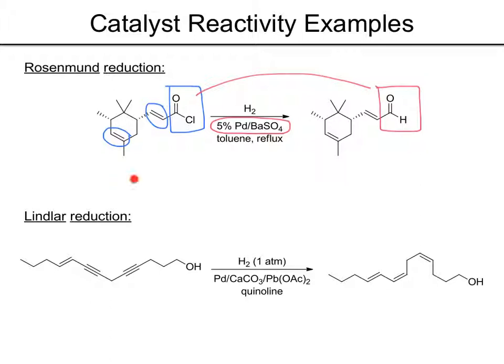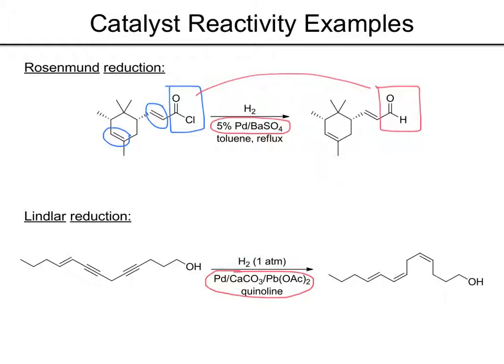Now contrast this reaction with a reaction where we use palladium on carbon as the catalyst. In that case, if we used palladium on carbon, both these alkenes would have reduced to the corresponding alkane. The Lindlar catalyst uses a similar approach, and the Lindlar catalyst can be palladium, barium sulfate, and quinoline, or palladium on calcium carbonate with lead acetate and quinoline.